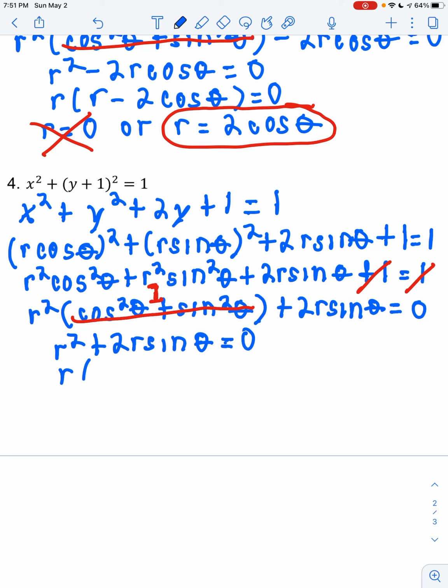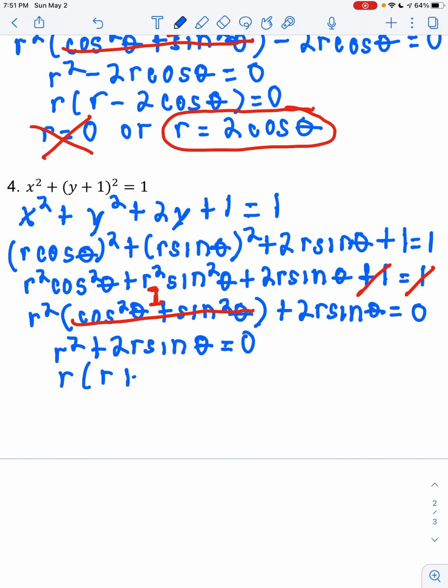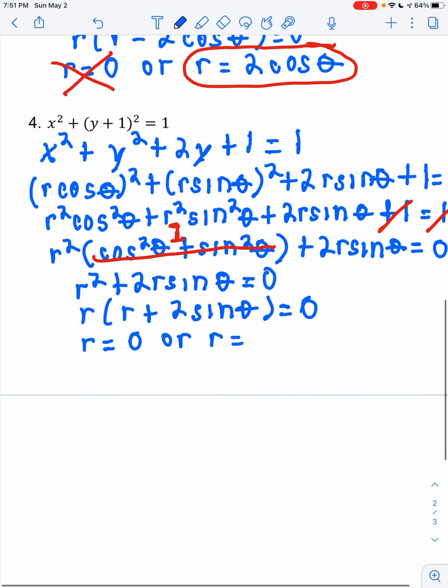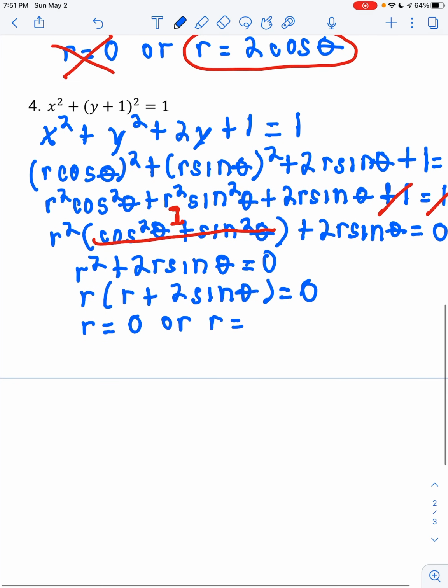We factor out an r from both terms. And what results is we get r equals 0 or r equals negative 2 sine theta. And again, we can think about where the sine is 0.